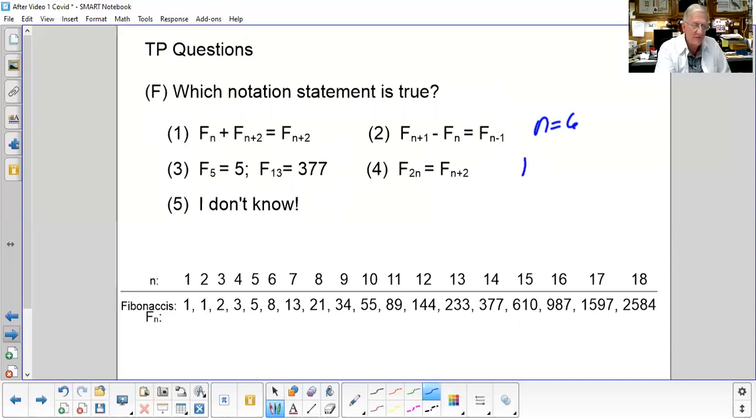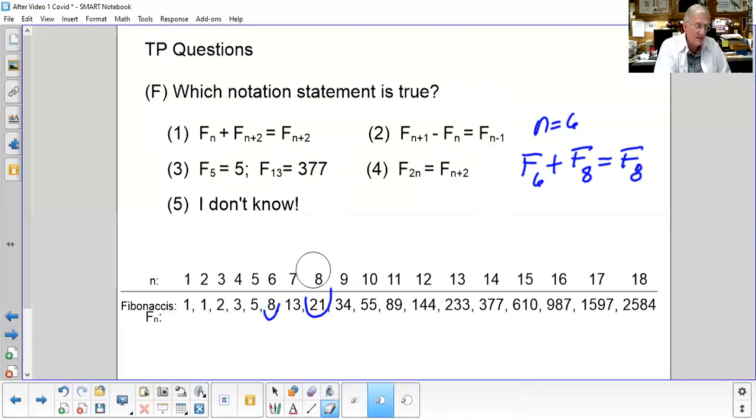It says f sub 6, which is n, plus f sub 8, which is n plus 2, is equal to f sub 8. Well, if I add f sub 6, the number 8, and f sub 8, which is 21, I get 29. That certainly isn't f sub 8, which is 21, right? So you know 1 can't be the correct statement there.